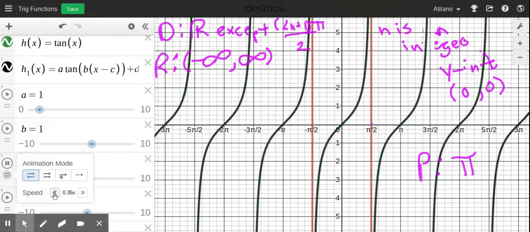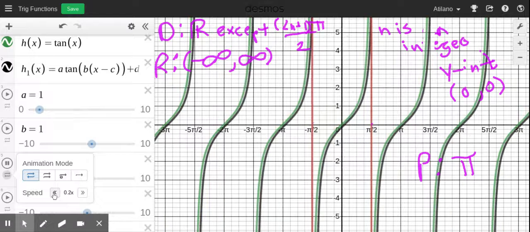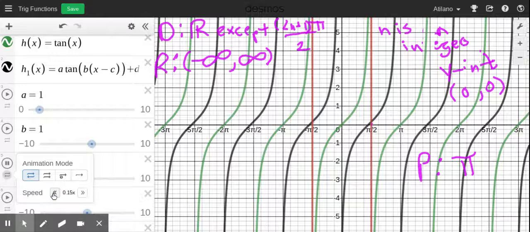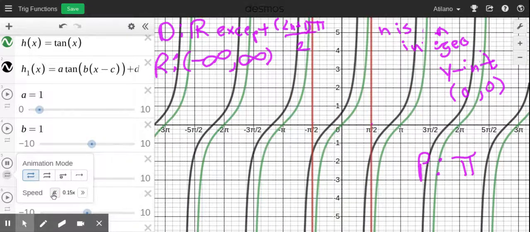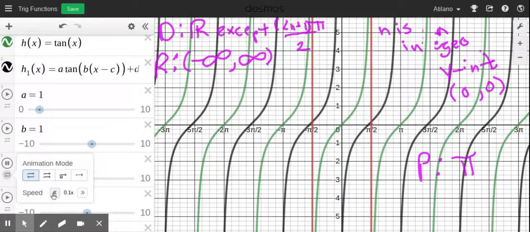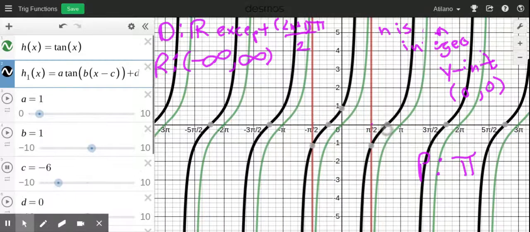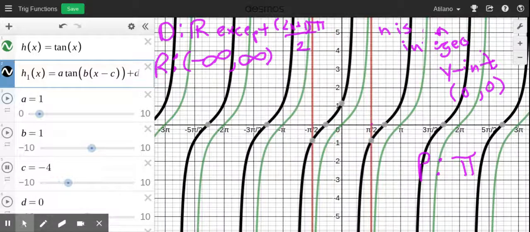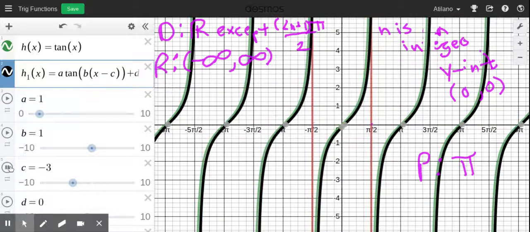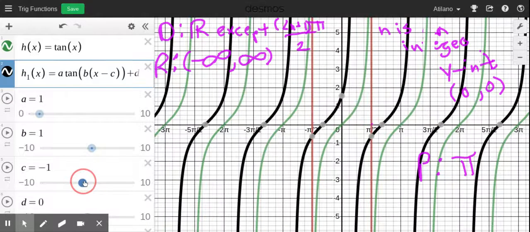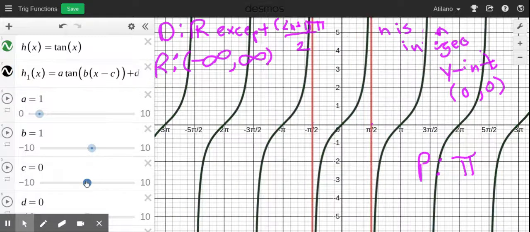I would say keep your eye on the x-intercepts and look at how they are changing to help you see it a little better. Here, then it goes there, now it keeps going over there, now it moves over there. So that's what's happening. The c value is just moving the graph left or right. It's not moving it diagonally.